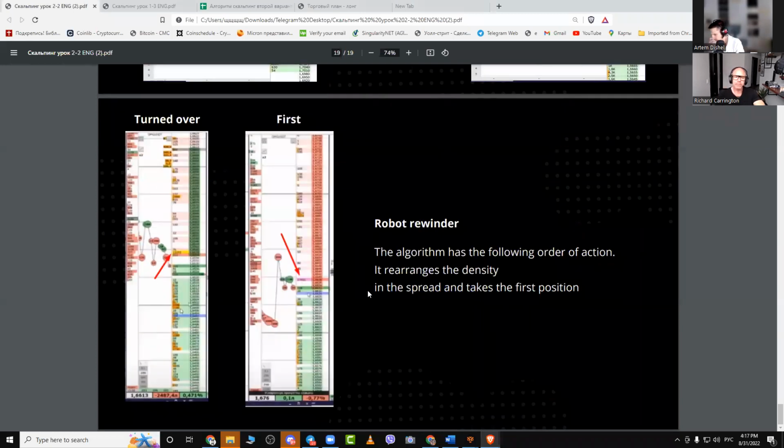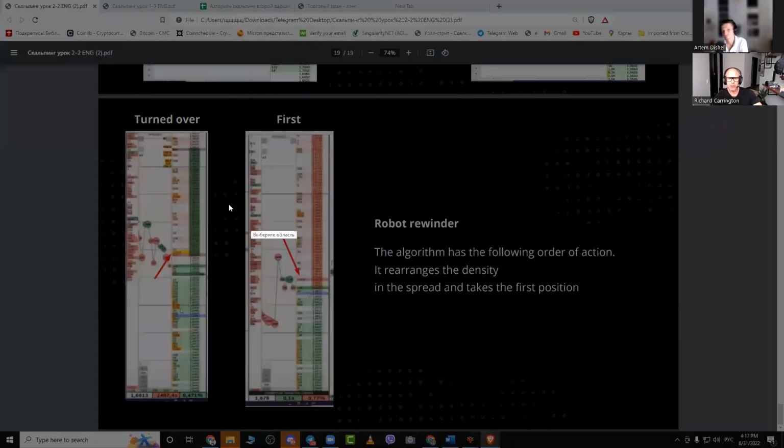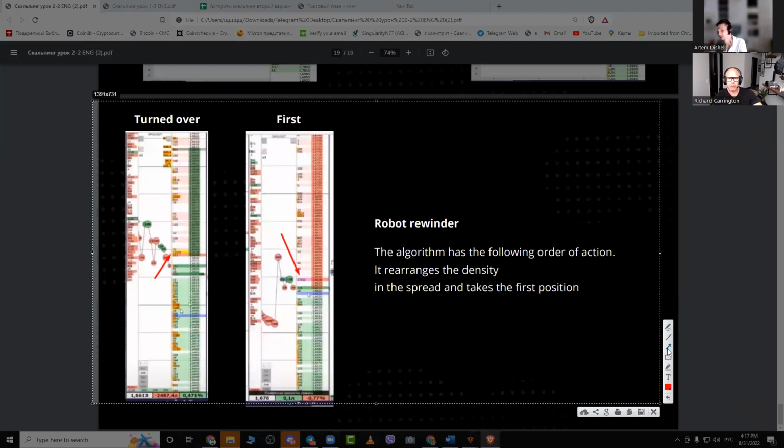Rewinder. What is this robot? It's the same as the algorithmic one, it has the following order of action: it rearranges the density in the spread and takes the first position. This means some participants want to fill a big order.